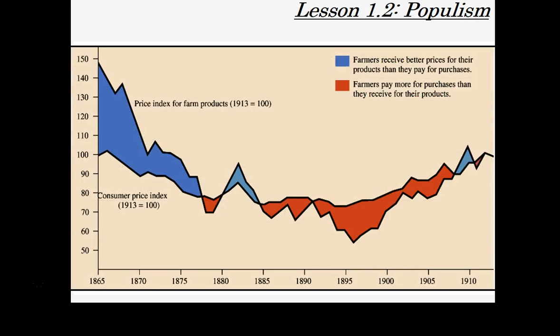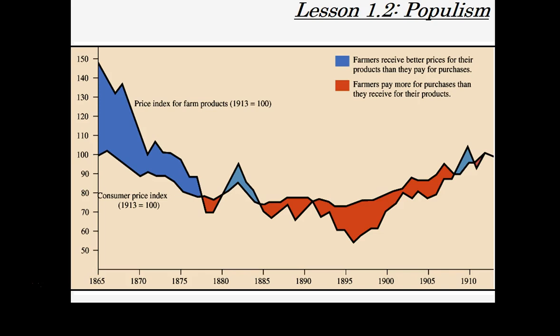This chart gives us a little bit of an understanding of how farmers are doing as far as their business goes. The blue represents farmers receiving better prices for their products than they pay for their purchases. And the red represents farmers paying more for their purchases than they receive for their products.